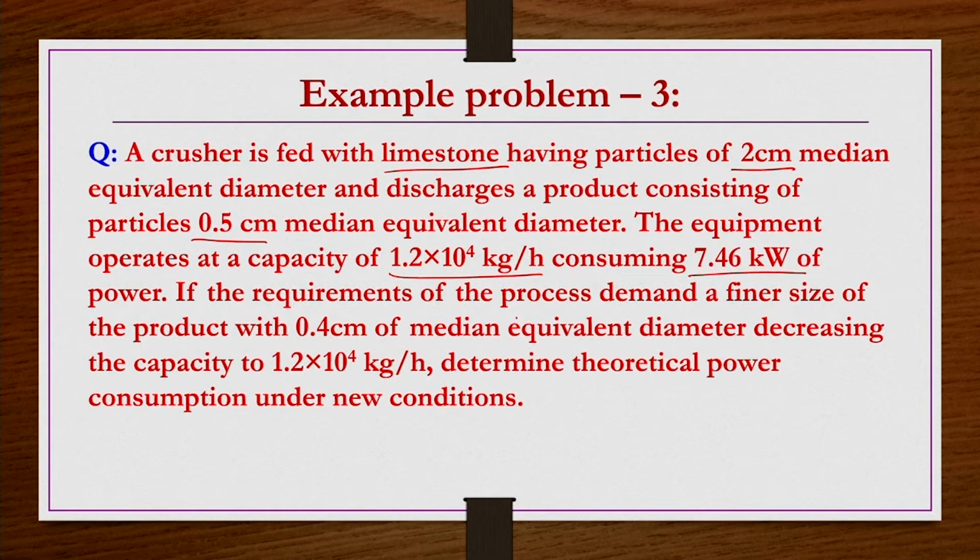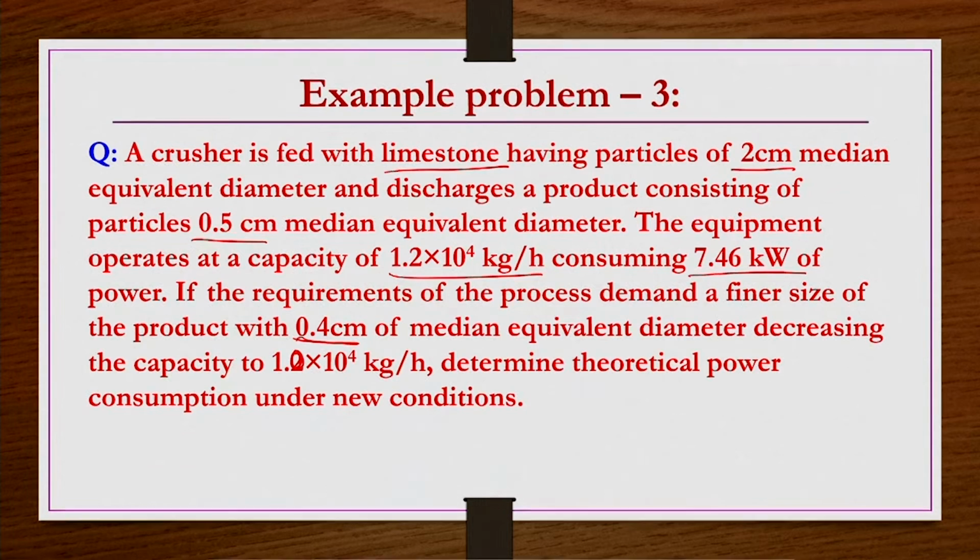If the requirements of the process demand a finer product size, the feed is the same, but the product is further made finer, to 0.4 centimeter median equivalent diameter, with the capacity decreased to 1.0 into 10 power 4 kg per hour.